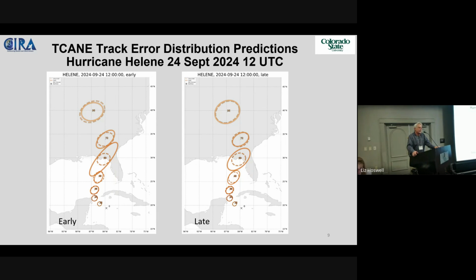It was interesting that for Helene it was about average difficulty, except as it was approaching the coast. Both the early version and the late version predicted, as it was making a left turn, that there was a lot of uncertainty in the timing of that left-hand turn. And that turned out to be true. Near landfall is where I think the uncertainty was the greatest.